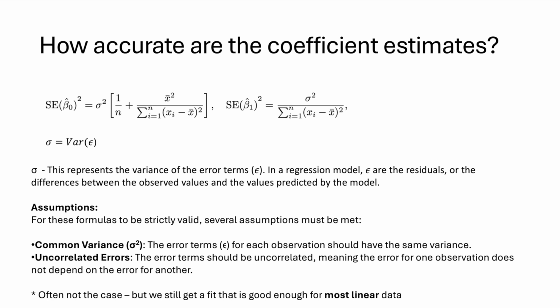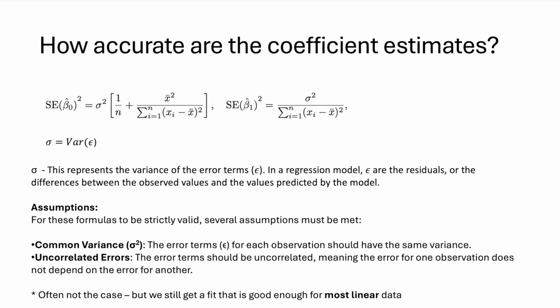However, if you keep on increasing the spread of x, let's say you make it 100, then it will become half. So the standard error you can see here is decreasing as the sample spread is increasing. This again tells us how much we can expect beta 1 to vary from sample to sample.